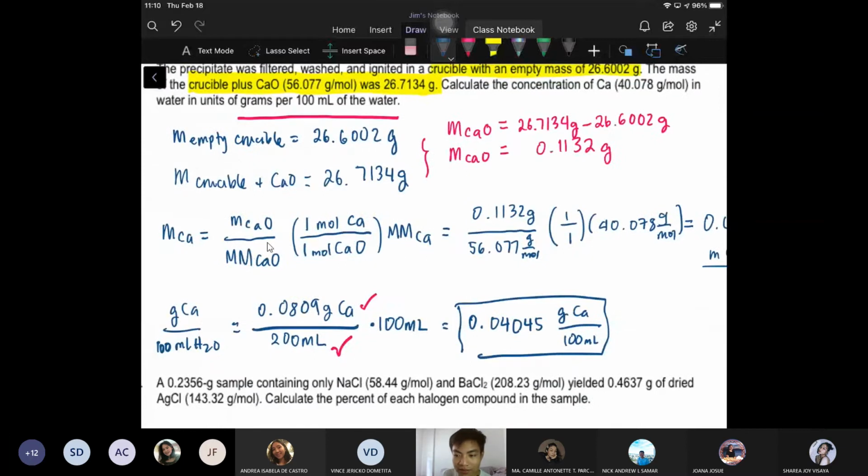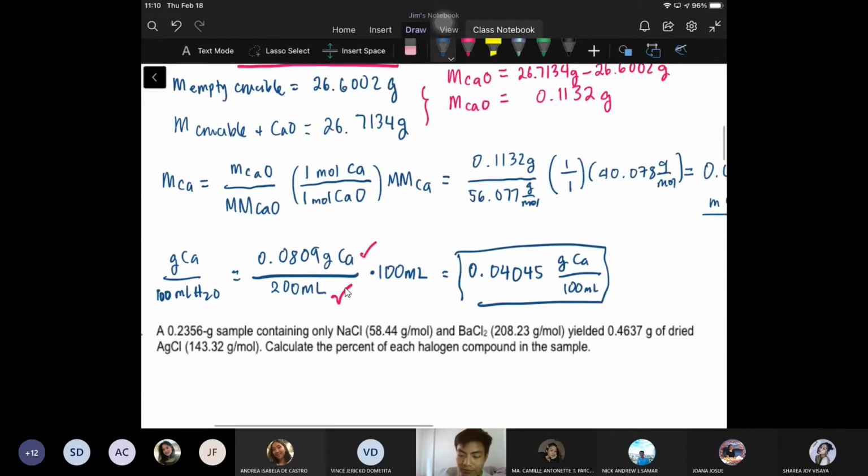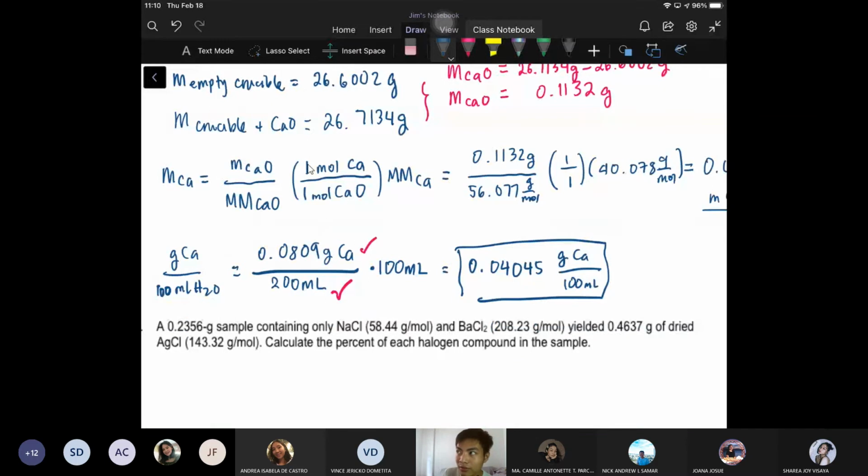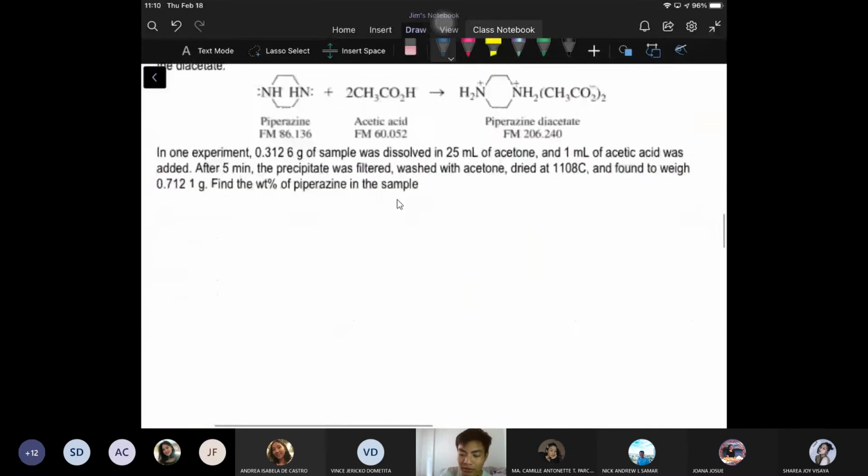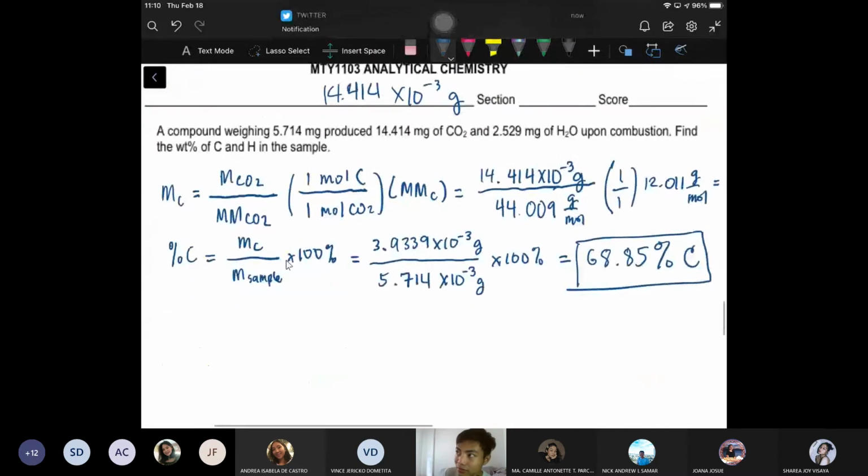Kaya pag nasanay na kayo sa stoic, usually 3 steps yun. Isang form ng equation na lang siya dito. So, you have your given, molar mass ng given, conversion, molar mass ng desired, no? Ulit-ulit lang yung stoic. So, pag master nyo na yung stoic, mauumay na lang kayo sa ganitong problem. Okay?